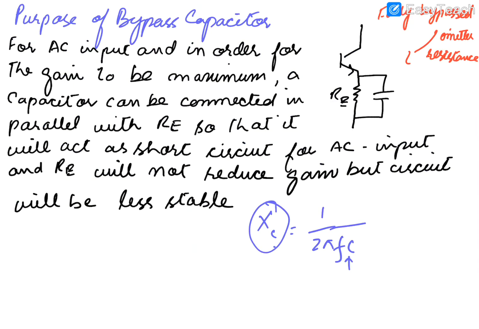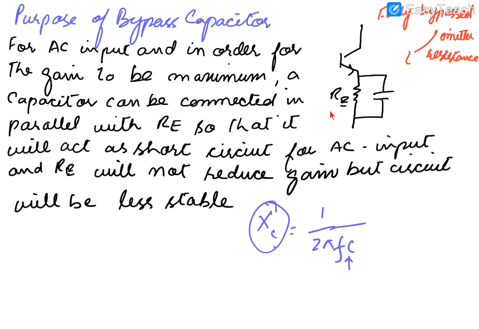So what is the purpose of the bypass capacitor in parallel with RE? When we add RE in series with the emitter, this emitter resistance basically reduces the voltage gain in case of AC input. So in order for the gain to be maximum in case of AC, we will connect a capacitor in parallel with RE.